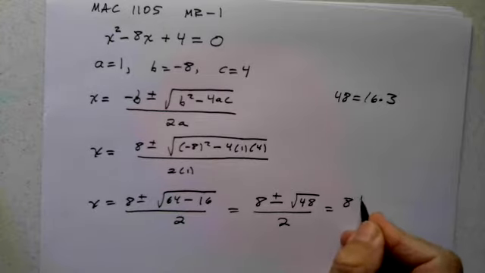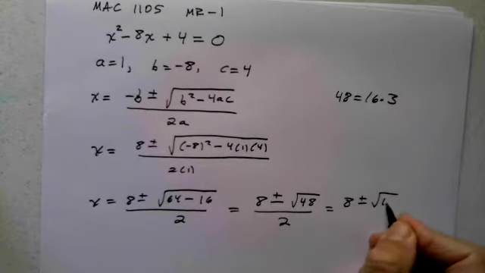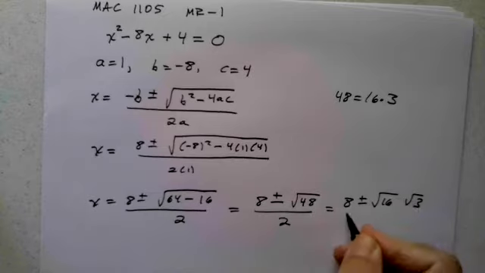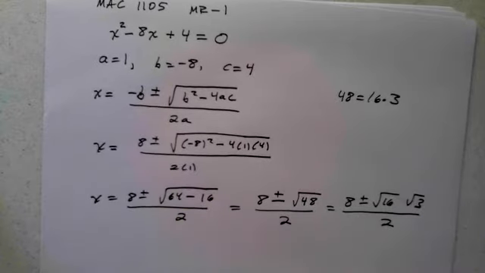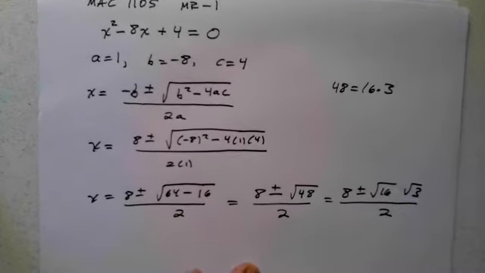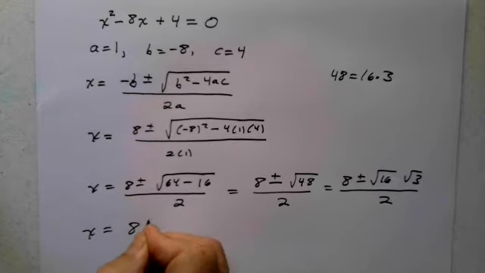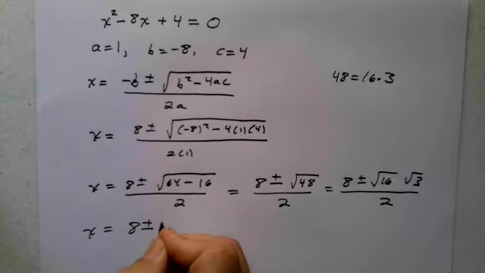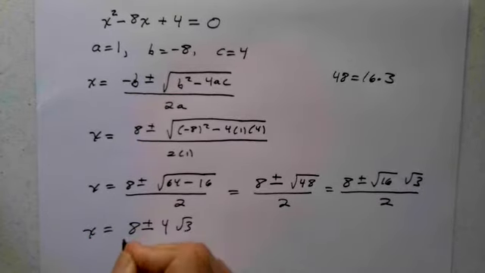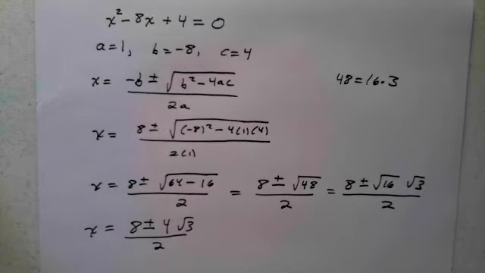So this is 8 plus or minus the square root of 16 times the square root of 3, divided by 2. Continuing with that process, x equals 8 plus or minus root 16, which is 4 root 3, over 2.